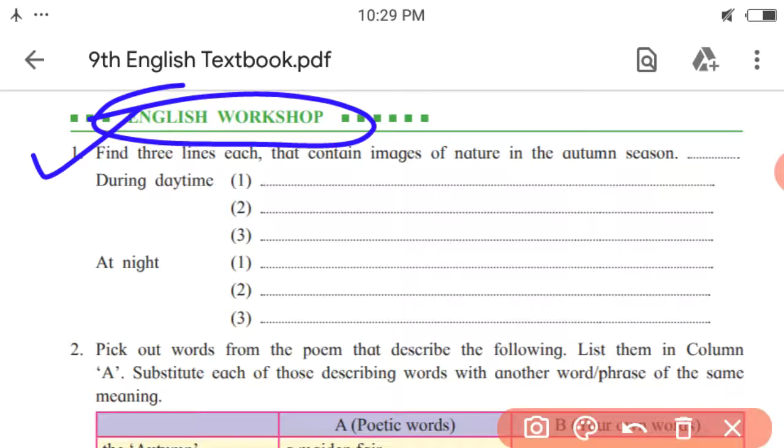Find three lines each that contain images of nature in the autumn season.